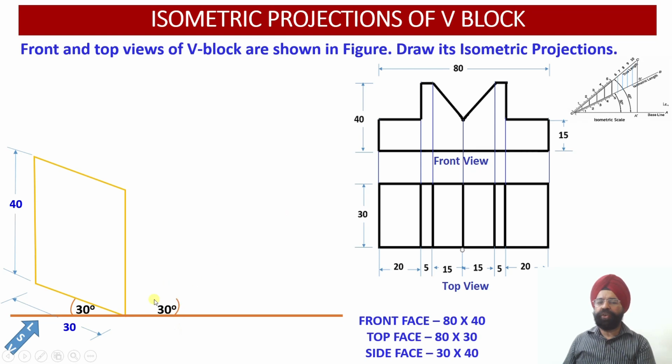Now in order to draw the front face, I have to move along the z-axis. So the z-axis will be showing me this length which is equal to 80 millimeter. Once again, the isometric length of 80 millimeter we are going to obtain from the isometric scale, and then we plot this length along the z-axis.